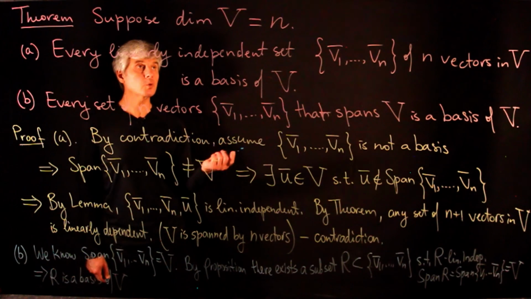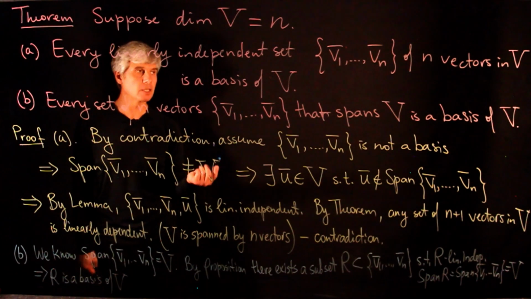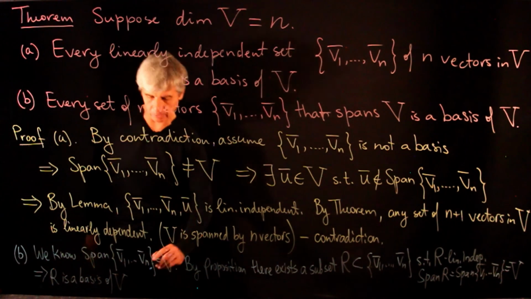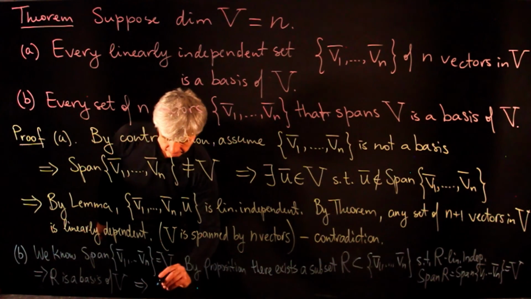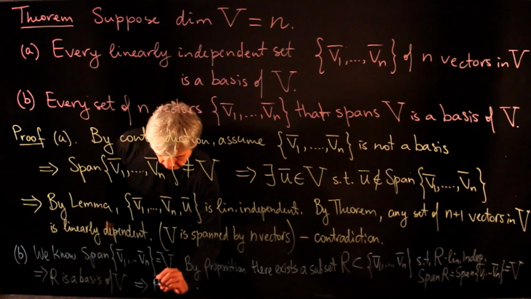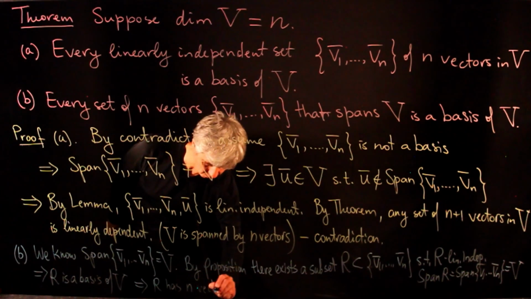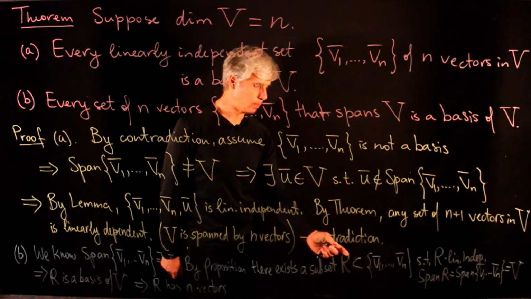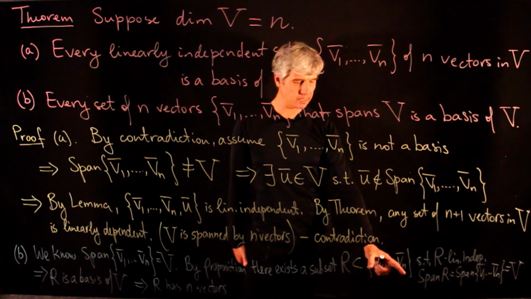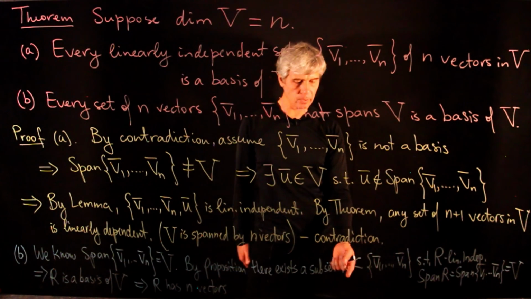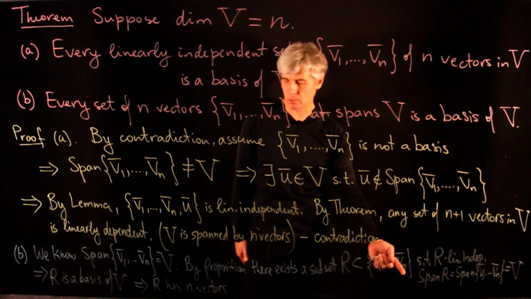But we proved that every basis of V contains the same number of vectors. So this tells us that R has n vectors, right? And so what did we get here? We had a set of n vectors, and we have chosen a subset of n vectors.